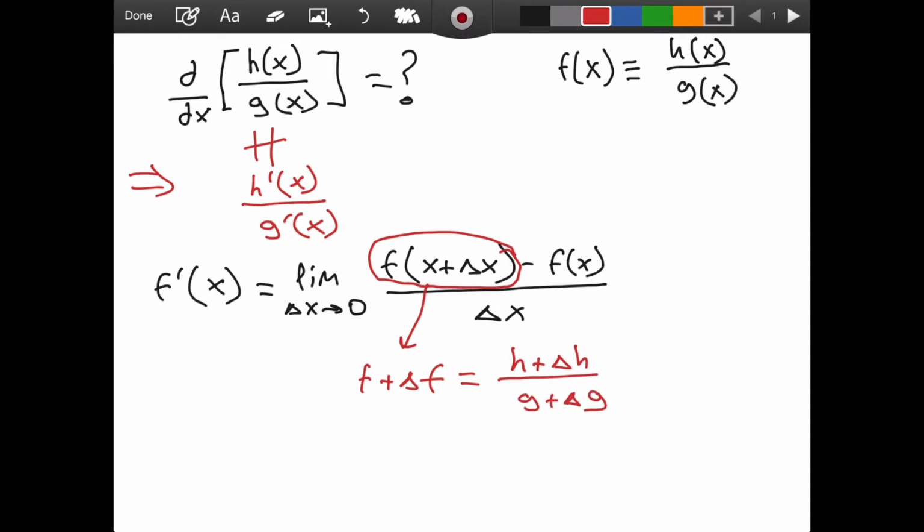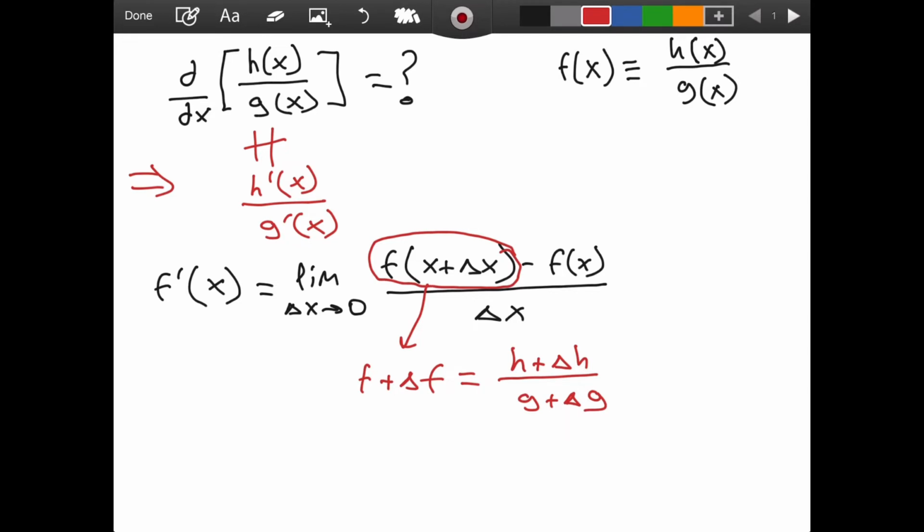And notice I omit writing the parentheses. For example, here I didn't write the f of x just to make it short. Whenever you see f, h, and g in this context, you should think of them as functions. They are not variables, even though I don't put their arguments anymore.